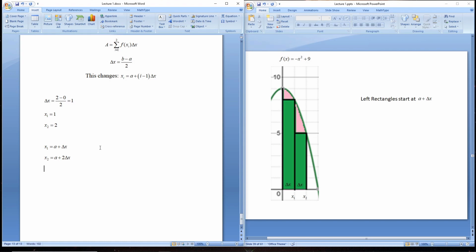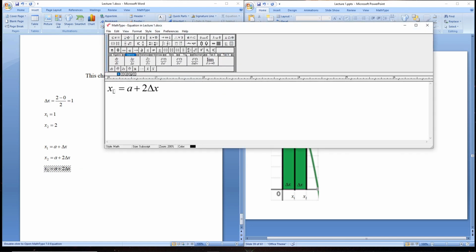Now let's pretend for a moment that there's more rectangles and that there's a third one. Now a third one would start right here at the end of my graph. And the third one would be x sub 2 plus delta x. Again, hopefully you can see that right here.